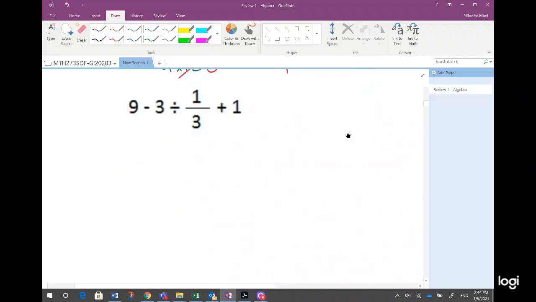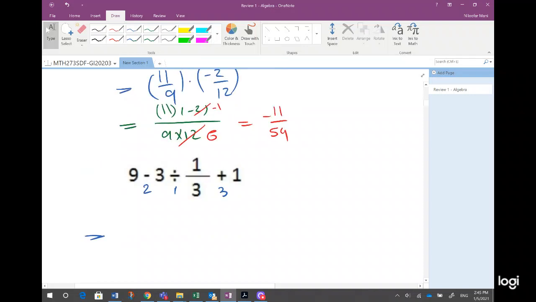Okay, so this question here, another question, I just added these questions because I believe you need more experience, so just more practice here. Here I need to do this one first and then this one next and then this one third.